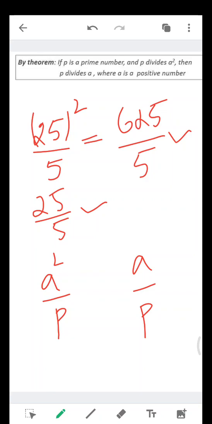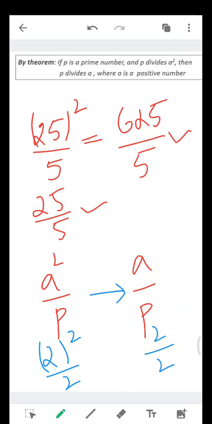So if the square of any number is divisible by a prime number, then the number itself is also divisible. Another example, if 2 square is divisible by 2, then I can say 2 is also divisible by 2. There is no doubt in that. There are many other examples I can take.